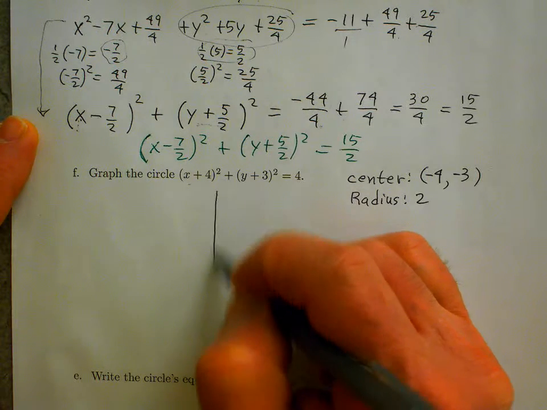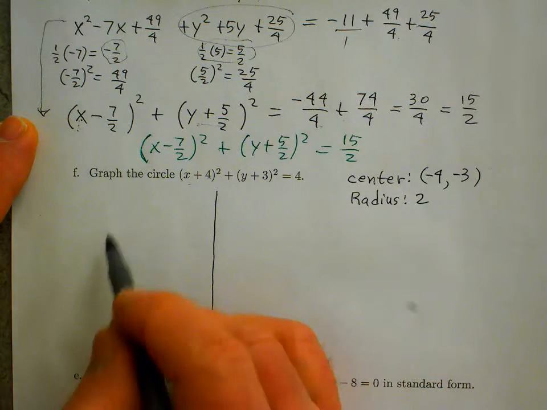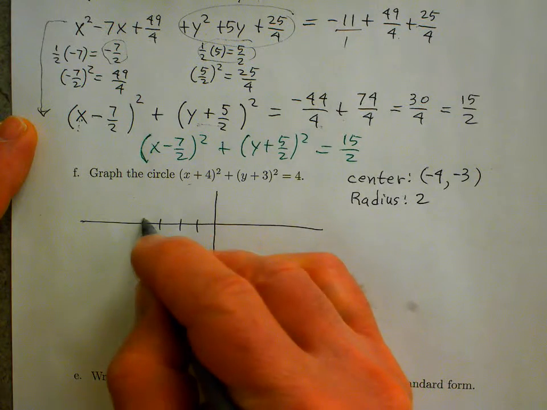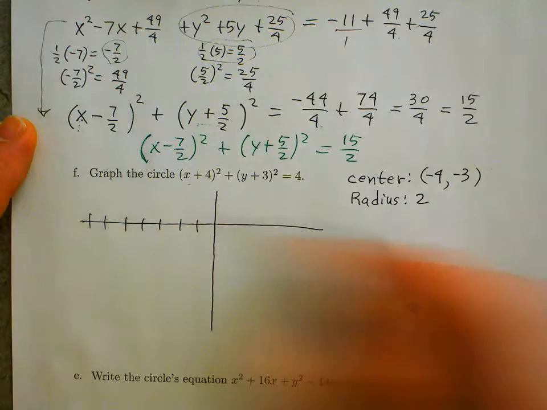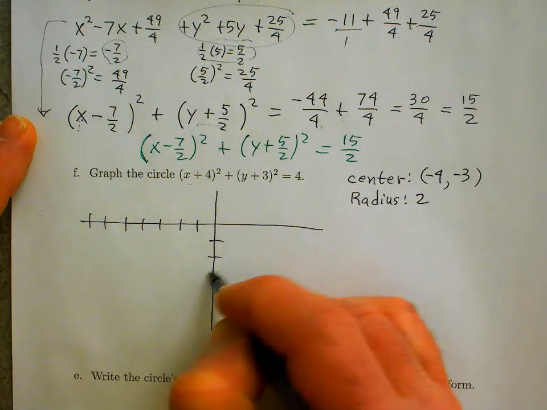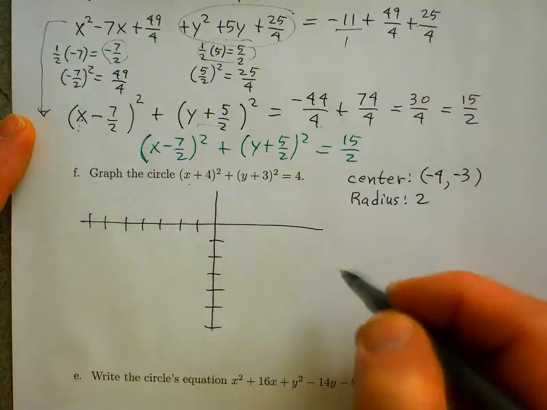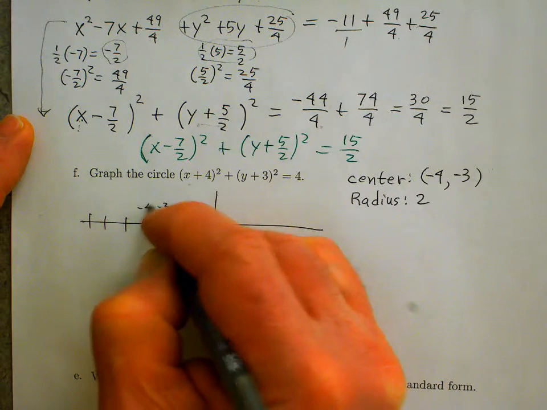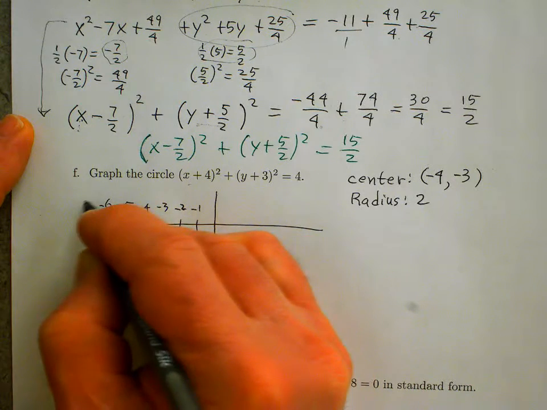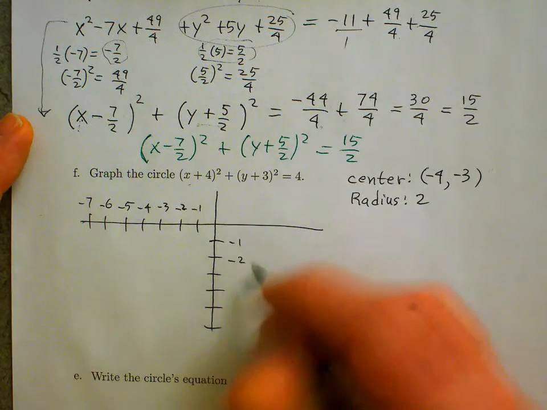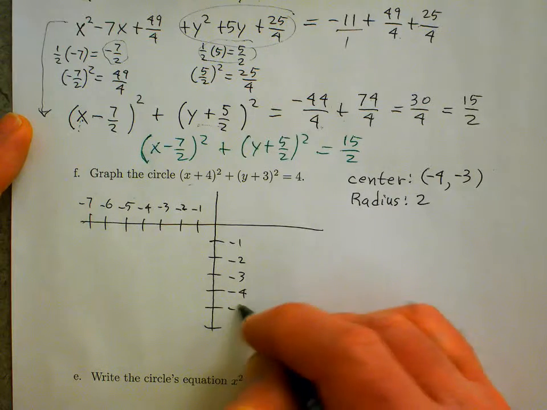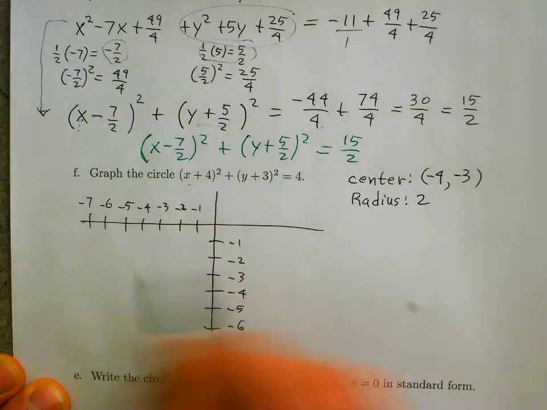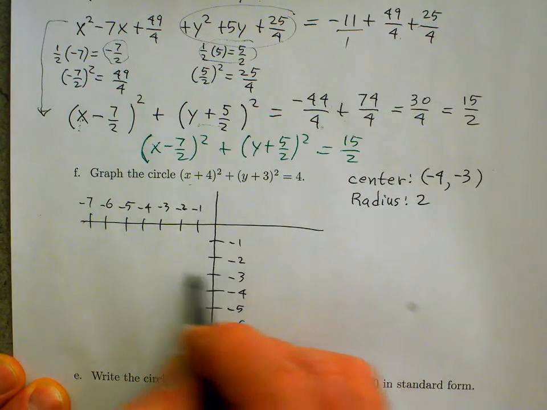Okay, so if this is negative 1, negative 2, negative 3, negative 4, and so on. Negative 1, negative 2, negative 3, negative 4, negative 5. So the center, negative 4, negative 3.